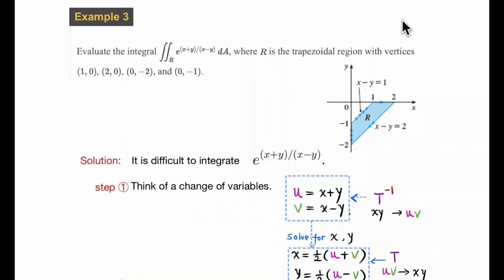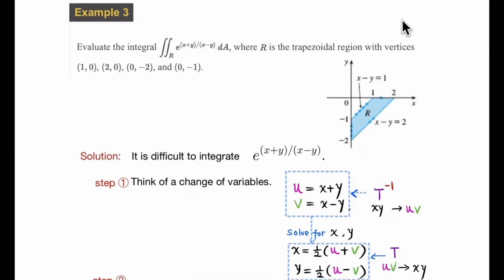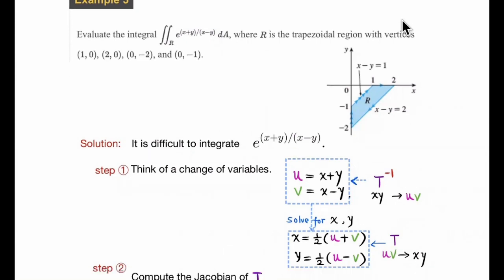So we want to turn the function we integrate into a simpler function. So the first step, we'll think of a change of variables to make this function simpler. Looking at the form here, that would suggest we should maybe let u equal to x plus y and let v equal to x minus y.